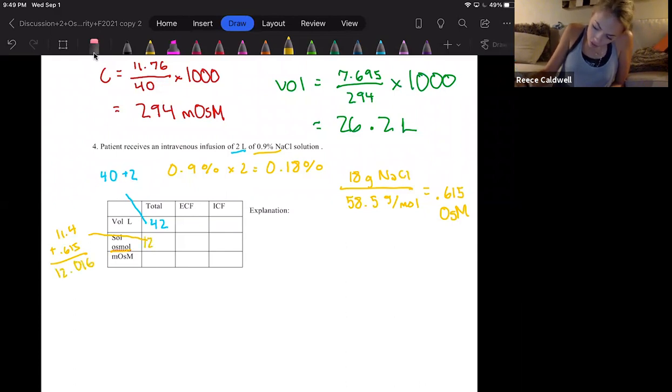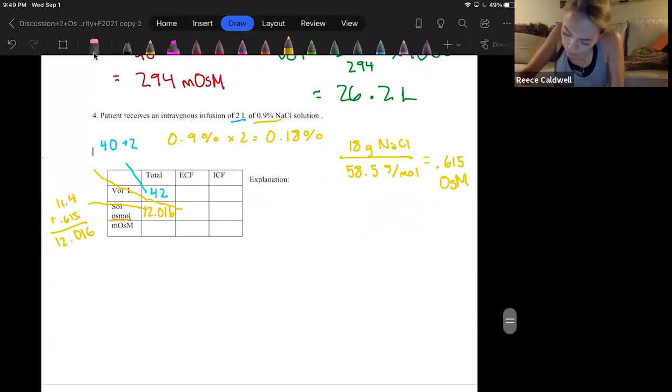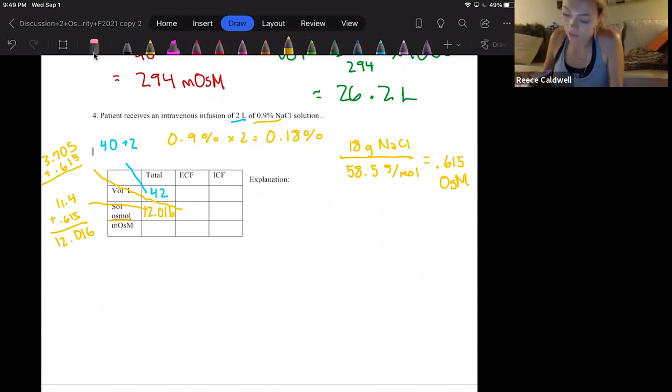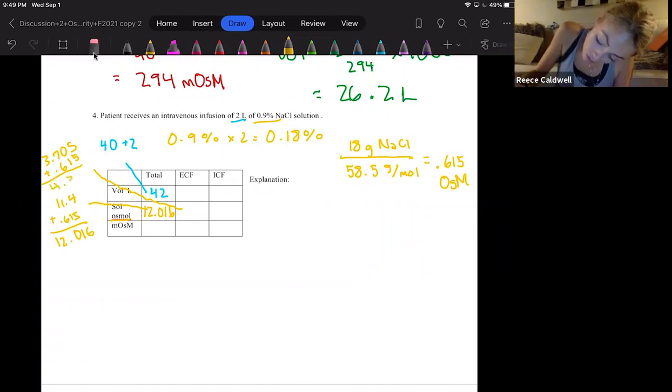So this is going to give us 12.016. We'll do the same for the extracellular fluid solute concentration. So we'll take that original, what was our original again, 3.705, add that 0.615 of sodium chloride that we just received through an IV, and what we will get there is 4.321, lucky number, 4.321.